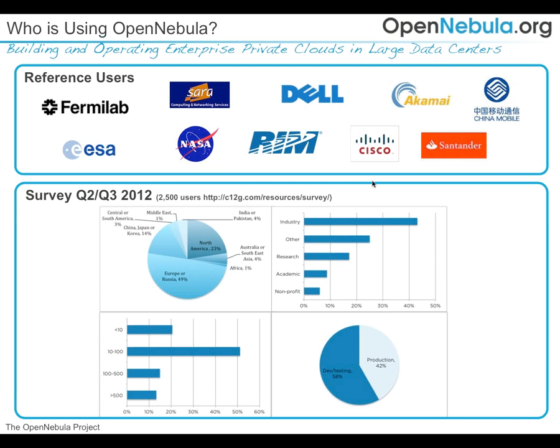In a survey that we did in the middle of last year, we can see how OpenNebula is being used in industry most of all. People use it 50-50 in production and testing environments.